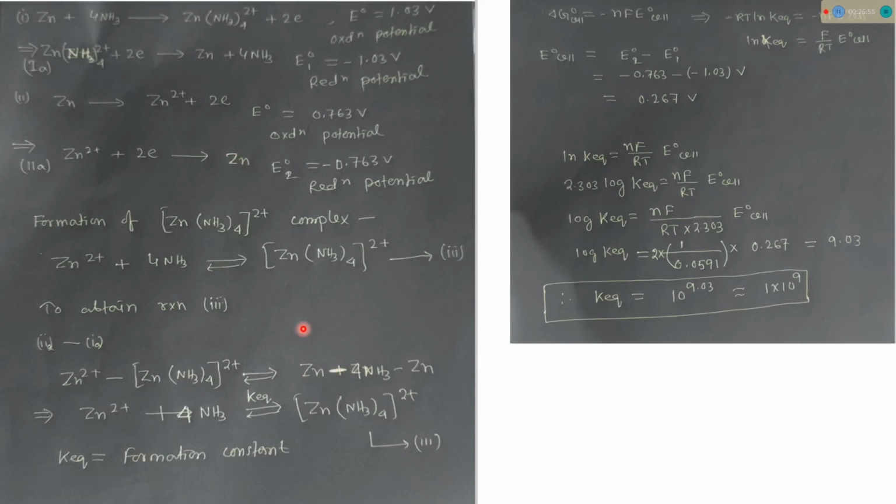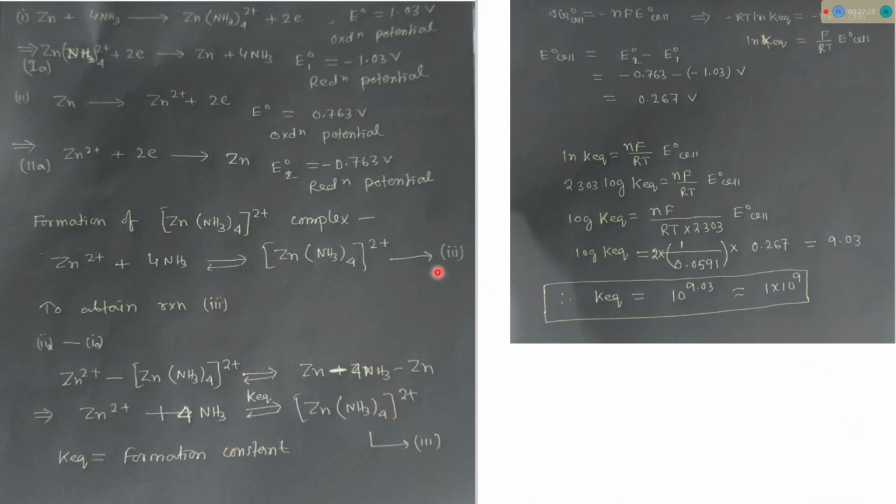Zn minus Zn cancels, leaving minus 4NH3. So Zn2+, I just write this 4NH3 on the left hand side. So minus becomes plus, and the minus sign becomes positive when we write it on the right hand side. So this is the formation reaction of this complex.